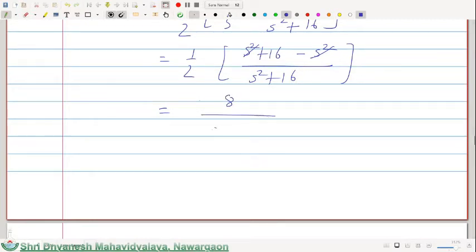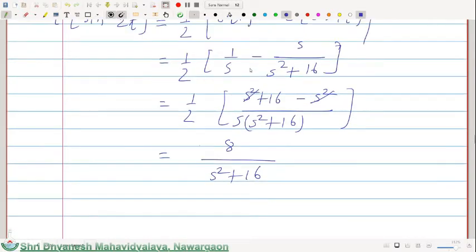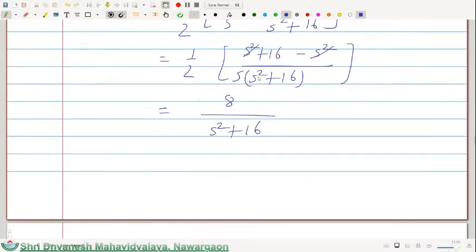So 8 upon s square plus 16. Sorry, I skipped writing s here, because the LCM of s and s square plus 16 is s into s square plus 16. So s is here. Okay, so this is your required Laplace transform of sin square 2t.